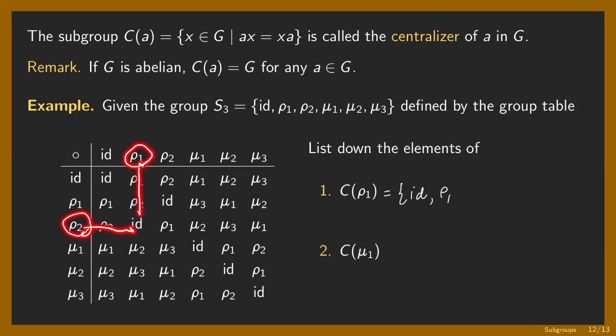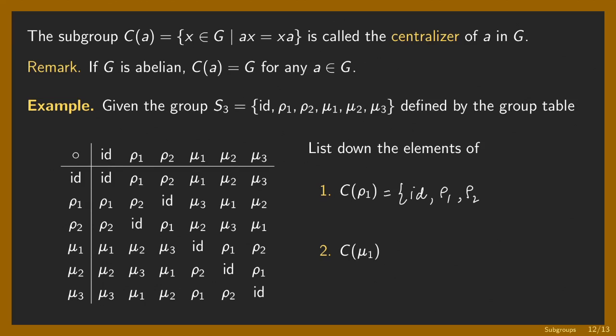The product is the identity, right? Take note, row 2 times row 1 is the identity. How about row 1 times row 2? Again, the product is also the identity, because you simply change the order. Pag kinuha mo yung row 2 times row 1, ang gagawin mo, i-reflect mo lang along the main diagonal. So if these two elements are the same, it means that the product commutes. So in other words, row 2 is in the centralizer of row 1.